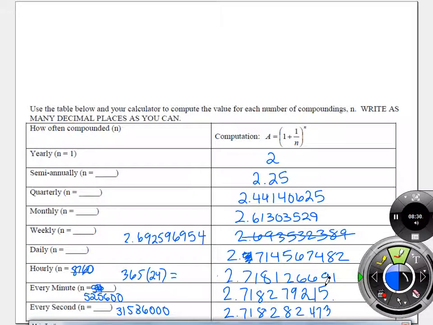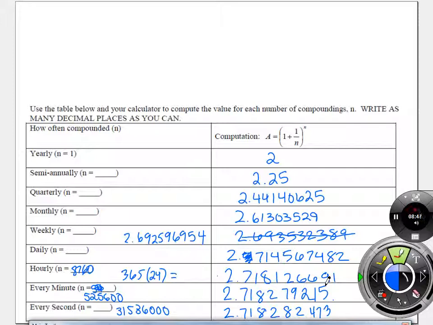Then from looking at it twice a year to 4 times a year, it still increases, but not by 0.25 again, only by 0.19-ish, okay?